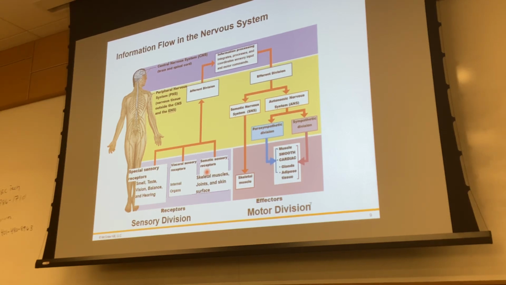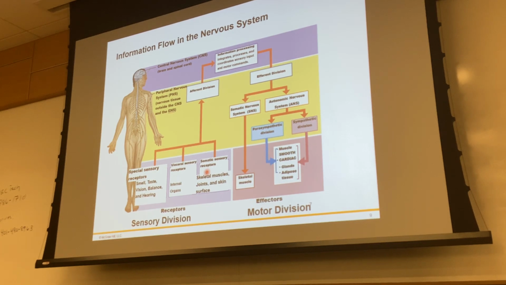Somatic sensory receptors generally, but not entirely, are voluntary in nature. So there's skeletal muscle, but also if you were to stand on one leg, your somatic nervous system and somatic sensory receptors would be responding to that different pressure on one leg as opposed to the other. The lack of pressure on one leg, the increased pressure on the other.